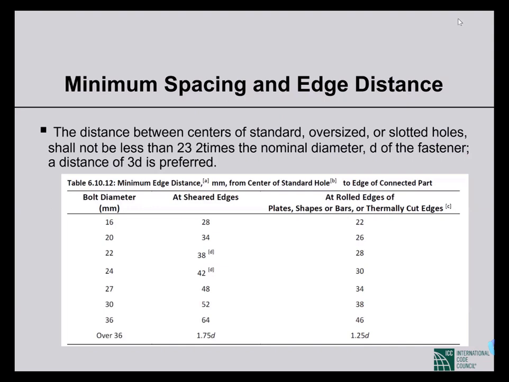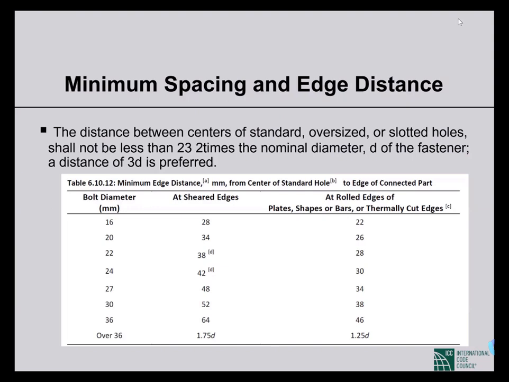This is wrong. Actually, it should have been 2.5 probably. It probably is 2.5 times the nominal diameter d of the fastener. But 3D is always preferable, and usually what we practice is 3D.